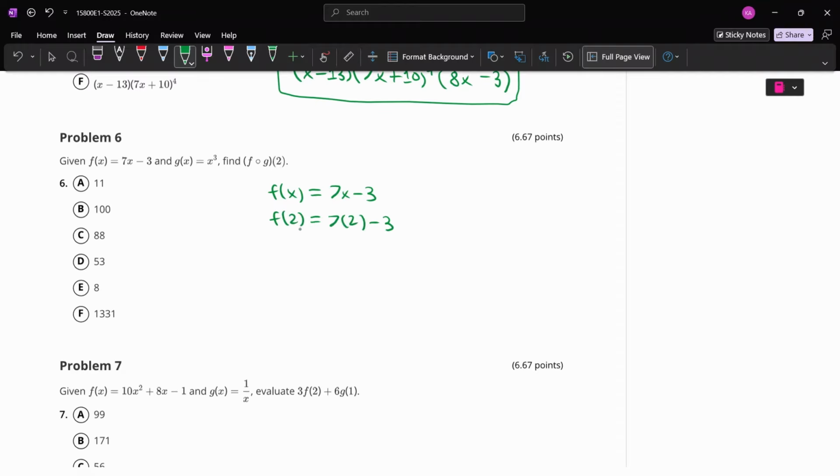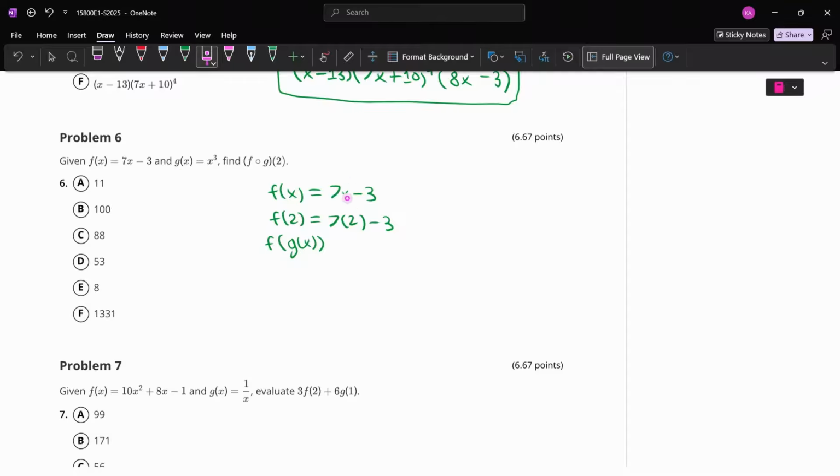Now let's say the question is asking us for f of g of x. In this case, instead of substituting 2 in like we did here, we're going to be substituting x with another function. We know that in this case, g of x is equal to x cubed.